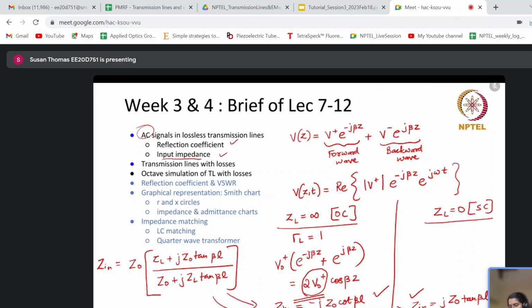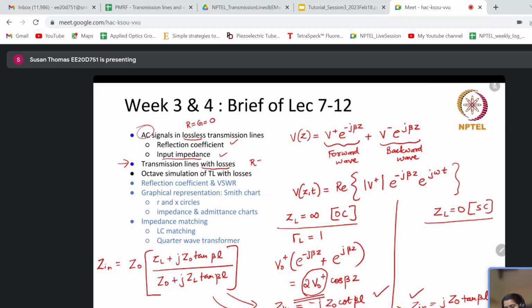So moving on, the next lecture, that is lecture 8, deals with transmission lines with losses. To give a brief of what is a transmission line with losses, we know that whenever there is a lossless transmission line, we have R and G as 0.